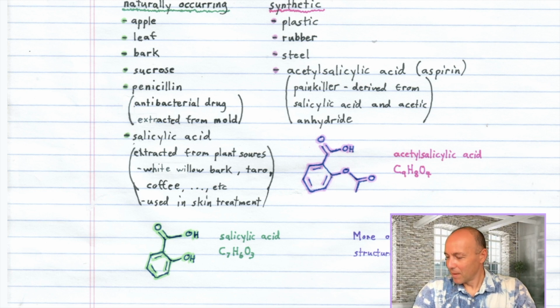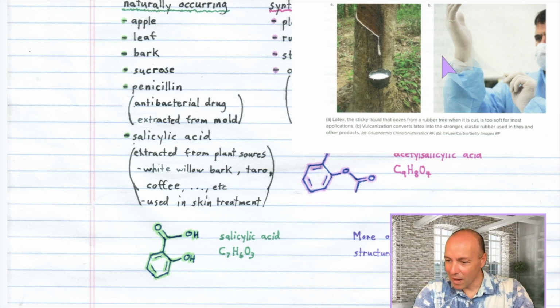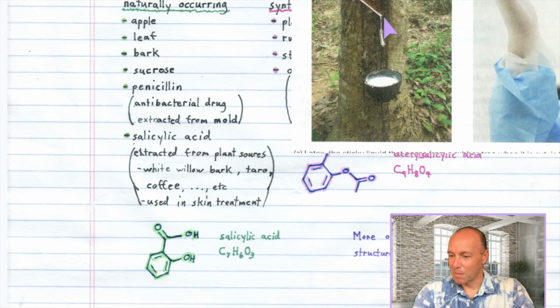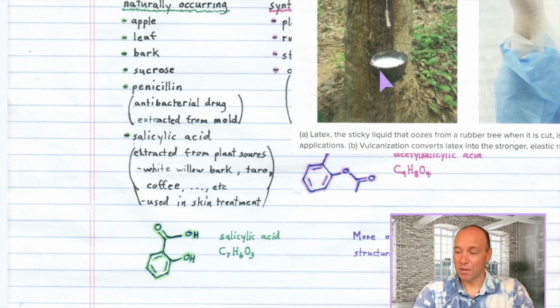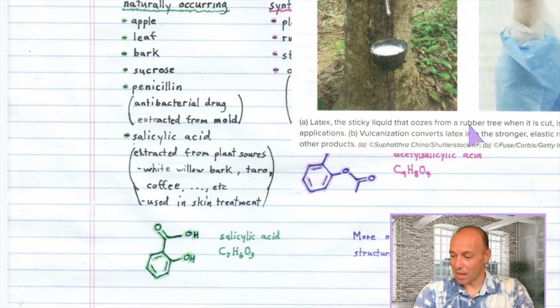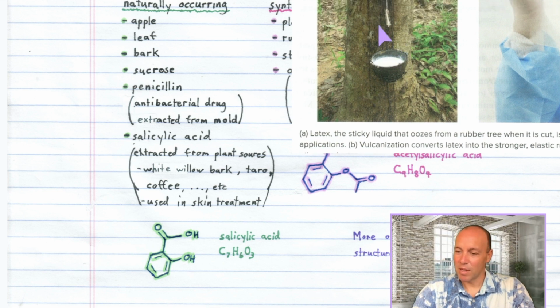Your author has an example in the textbook, figure 1.2. The substance on the left, this white sticky substance, latex, is a naturally occurring substance that oozes out of rubber trees when you stick them with a pipe. So just like you get maple syrup out of a tree, where you turn maple sap into syrup, latex you also get out of a rubber tree. So you get this sticky white sap.